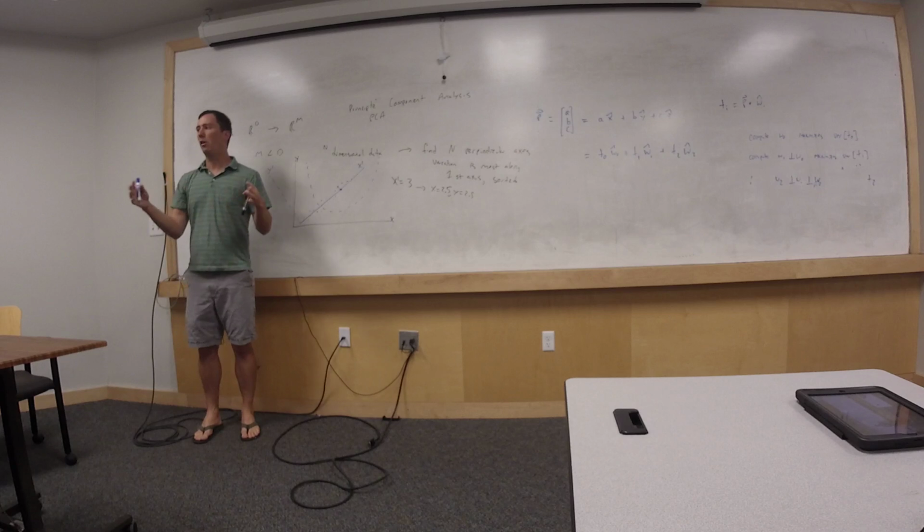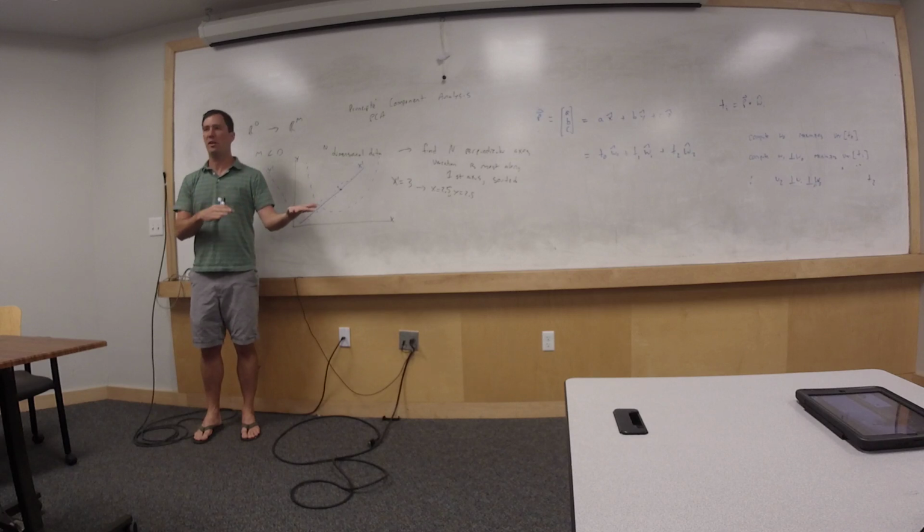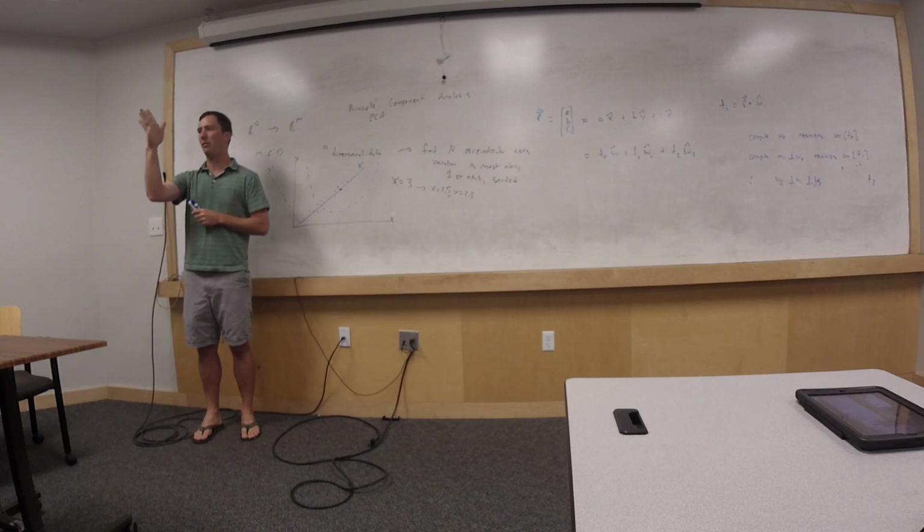As I keep more and more terms, the error is obviously going to go down. I'm going to get closer and closer to the original point. And when I keep the same number of coordinates as I started with, I'm going to get exactly the point. So to determine how many to keep, we can do something like elbow analysis to see where I hit diminishing returns.